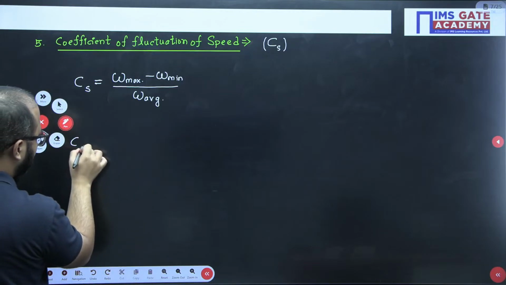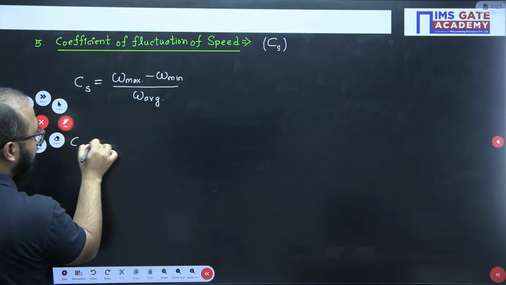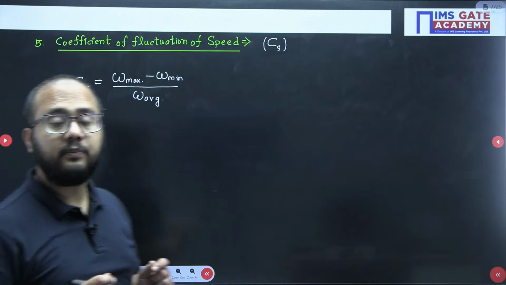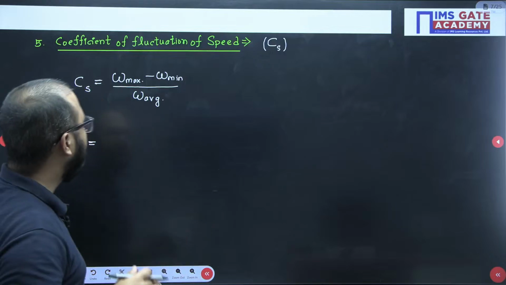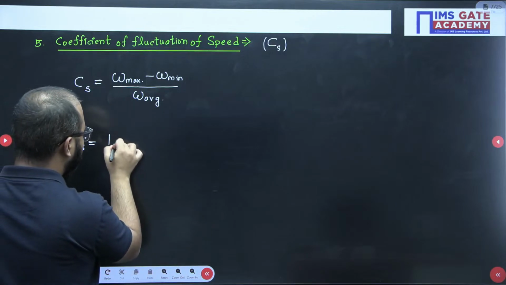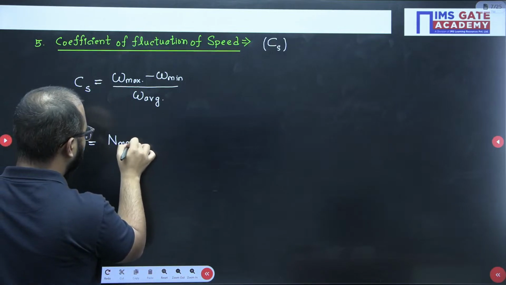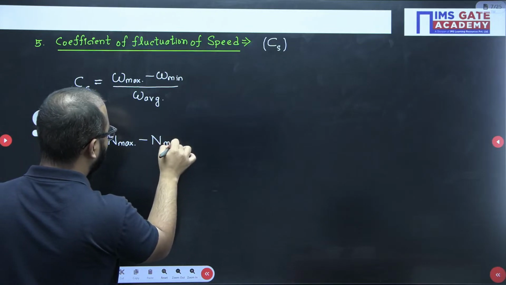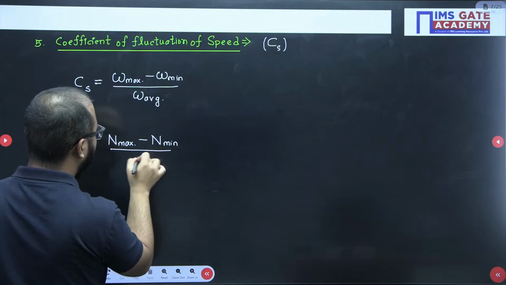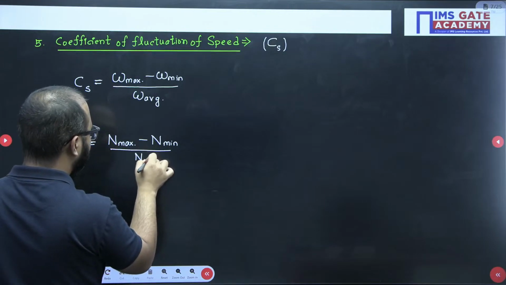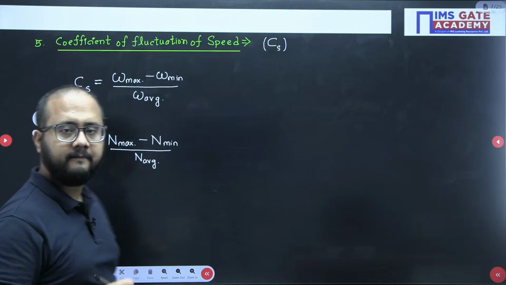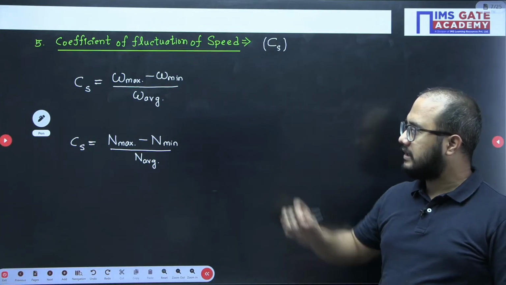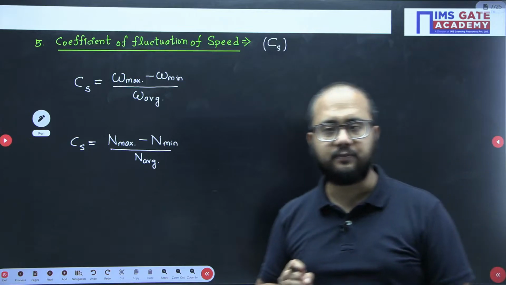Omega is in radian per second. Or we can also use RPM, in which case we will write N max minus N min divided by N average, like this, the Cs value. So this is the coefficient of fluctuation of speed.